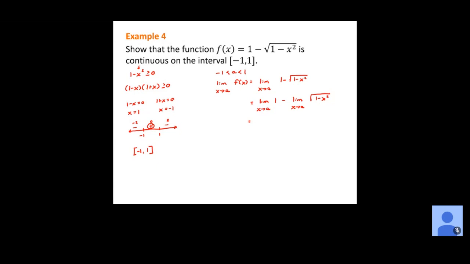All right, good. The limit of a constant is the constant, right? So the limit as x approaches a of 1 should just give us 1.